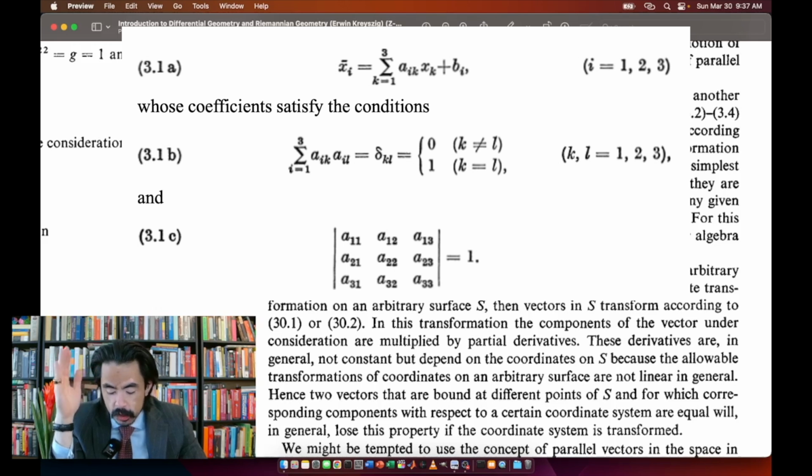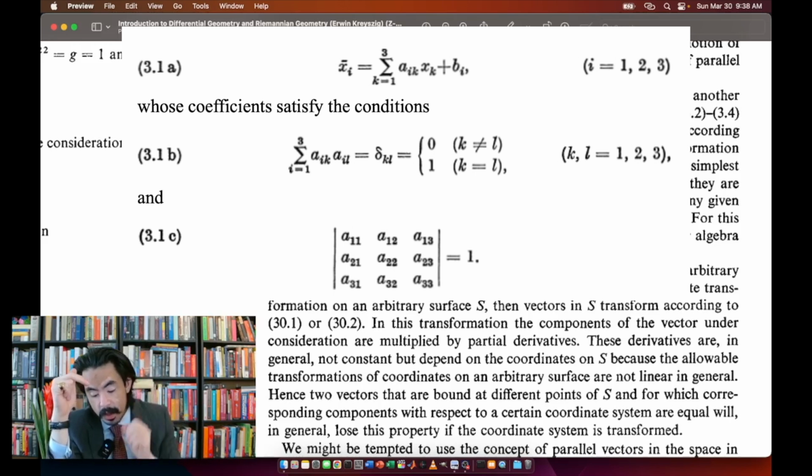And these coefficients satisfy the conditions where we have the sum on the index i from 1 to 3 of a sub ik times a sub il is equal to the Kronecker delta sub kl, which is equal, as we expect, to 0 when k is not equal to l, or 1 when k is equal to l. And we allow for k and l to be equal to 1, 2, or 3 here.